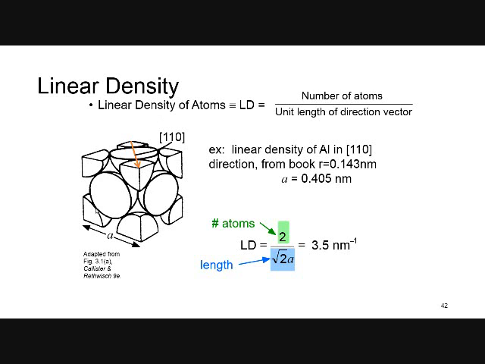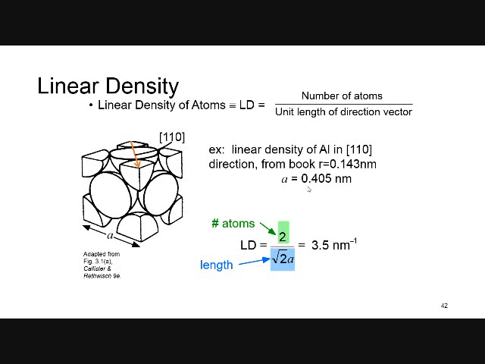An example is shown here for aluminum, based on the tables, including the very first table, the first page of the book. Aluminum has an FCC crystal structure. If you want to find the linear density along the 110 direction, of course, from the book we can find the atomic radius of aluminum to be 0.143 nanometer.